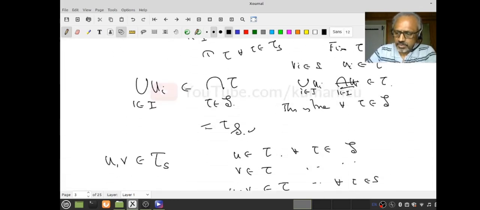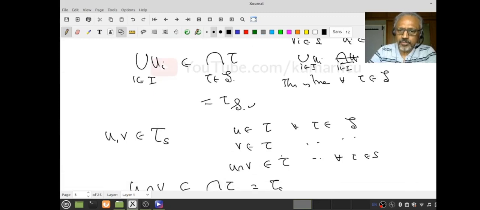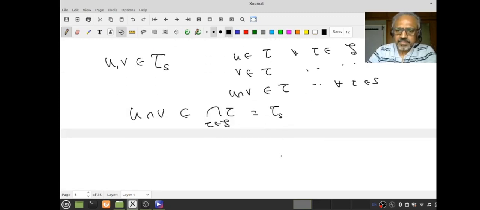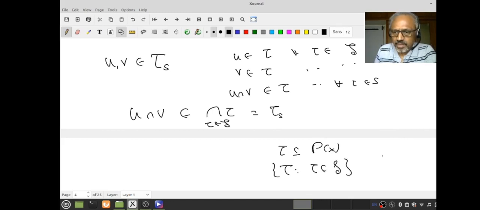Please go through it. For many of you the problem will be a second order one, because tau itself is a collection of subsets of P of X. Then what I am looking at is a collection of tau, a sub collection of topologies. Are you following?